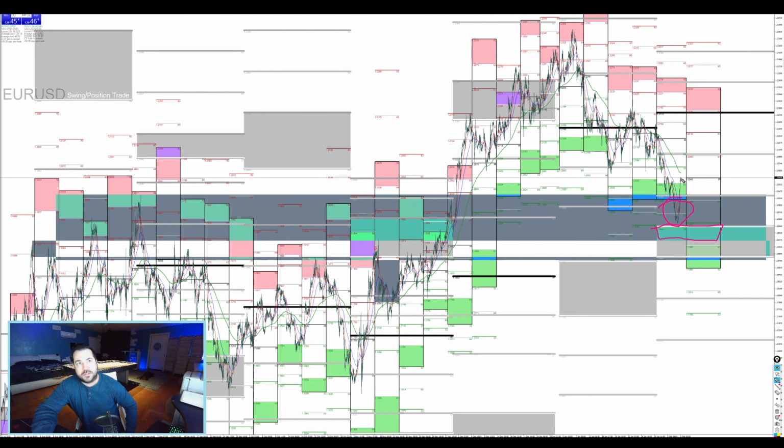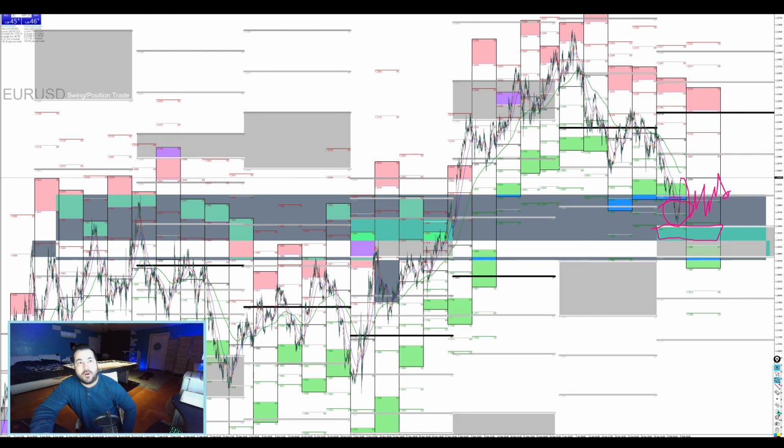Now, as I was talking about for next week, possibly shorting, but I don't want to short into support. So what I'm looking for is a consolidation here, and then I will be looking at starting to buy it up. So I think we're still a little bit early on this.